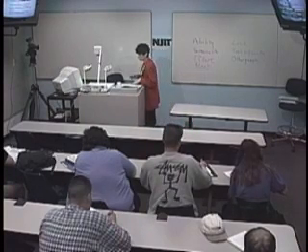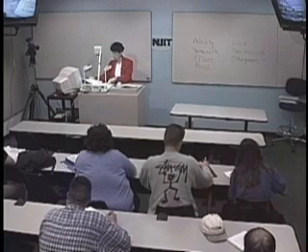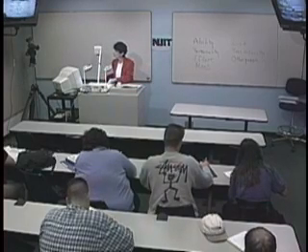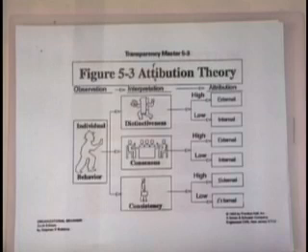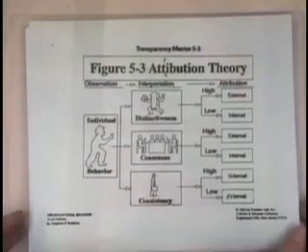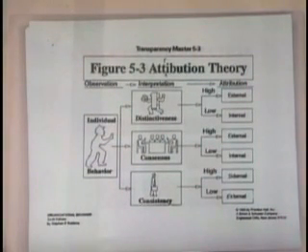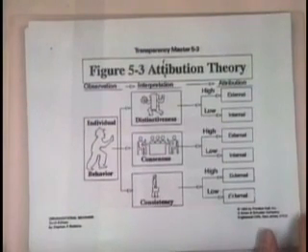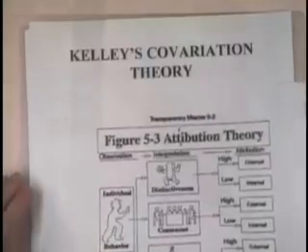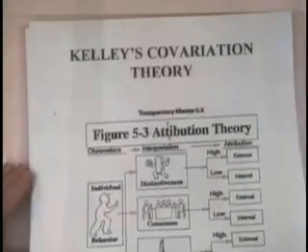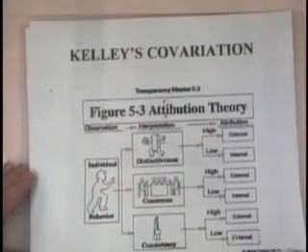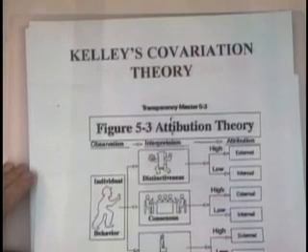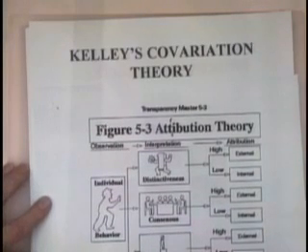But it turns out that we do this in a somewhat systematic way. What we were looking at here, and actually there is a person by the name of Kelly who came up with this. It's Kelly's covariation theory that we're really looking at.